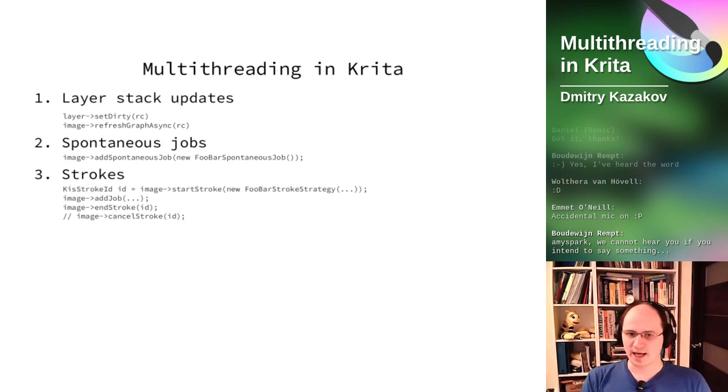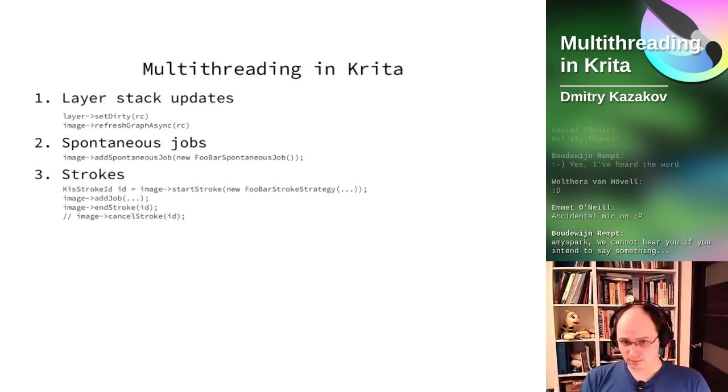As you can see on this slide, the developer can either call end stroke, or if the user, for example, pressed the escape key while doing layer transformation or while doing a very long stroke, we can call cancel stroke, and the image will be reverted into its original state.